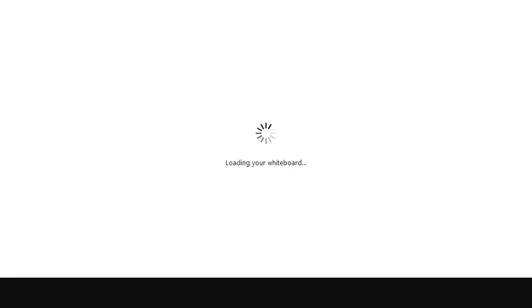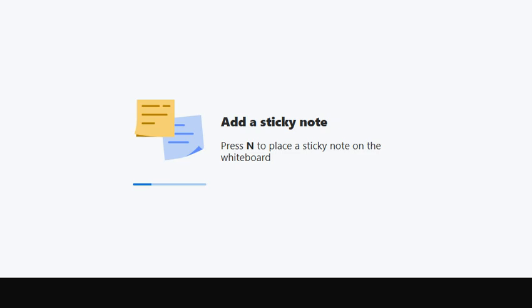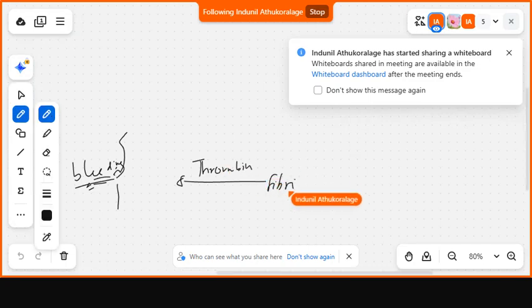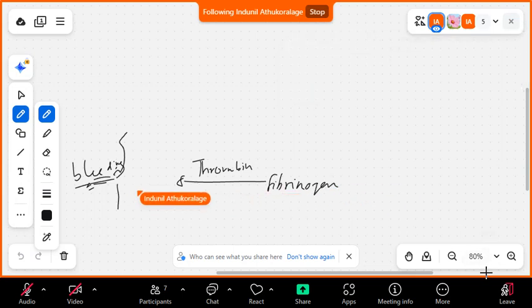So we know when there is an injury and bleeding, let's say this is bleeding, this process happens. In this process of coagulation, thrombin will convert fibrinogen into fibrin.